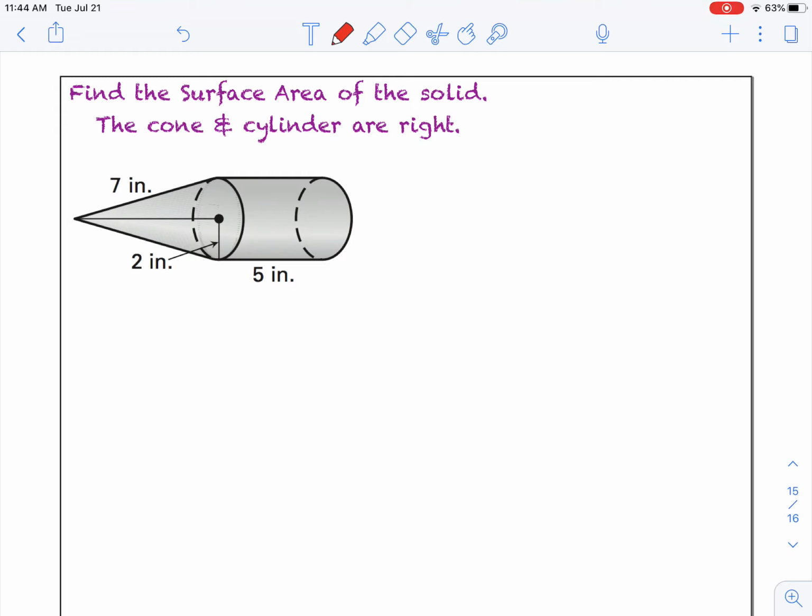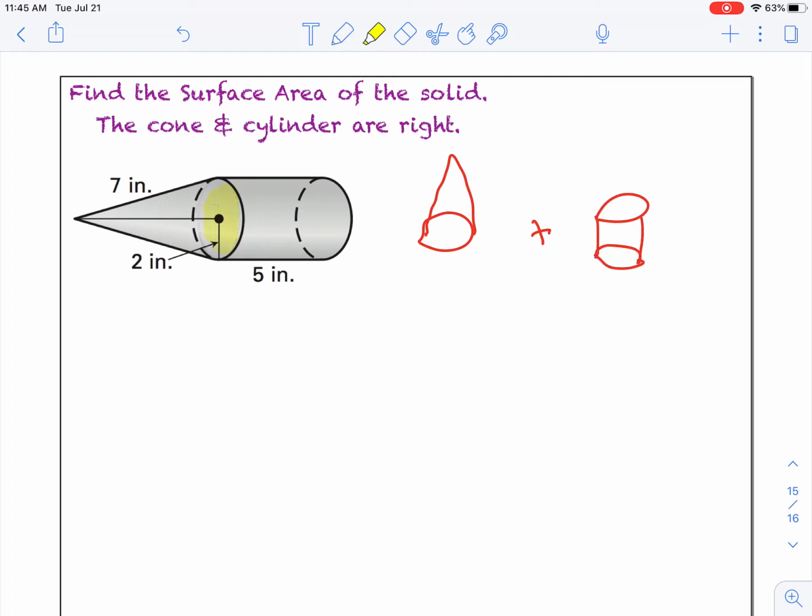The last thing we're going to talk about is combining surface areas of this solid here. And this is kind of like other figures that we did areas, flat two-dimensional areas of, where we had to add them together. The thing that's kind of different about this one is to find the surface area, you are going to find the surface area of that cone and the surface area of that cylinder.